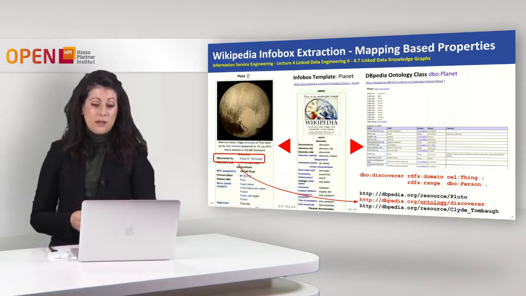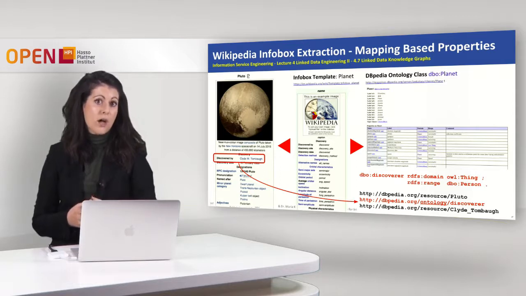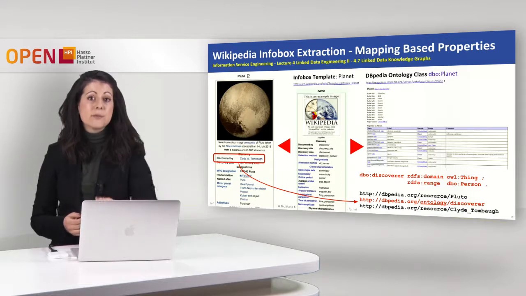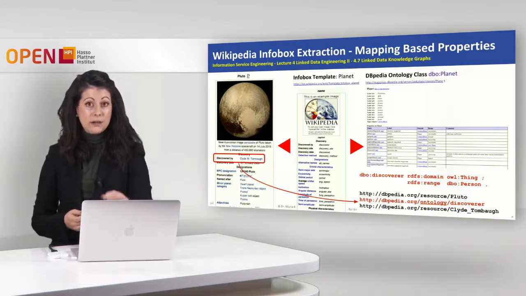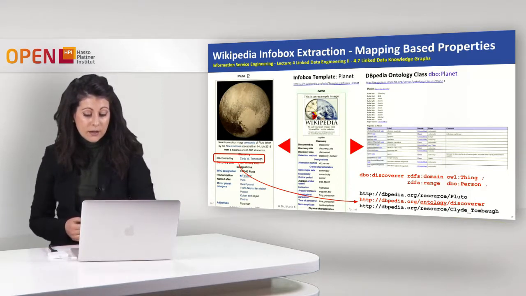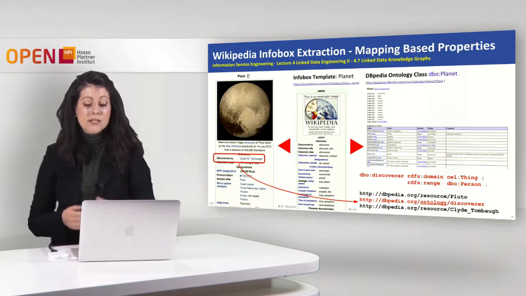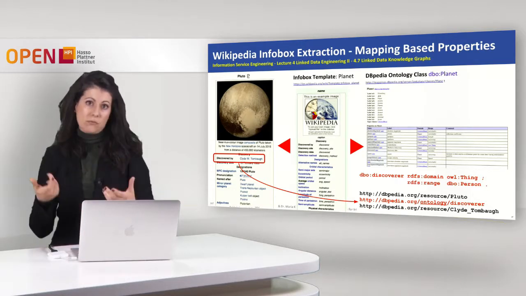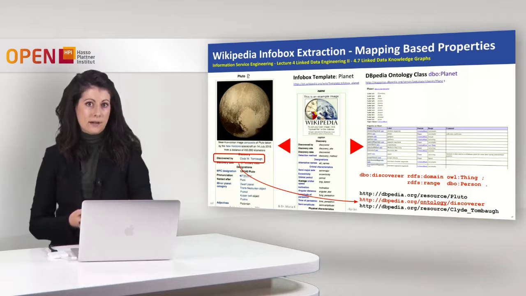That's why this dataset is much more compact. Here we have some hundreds of properties in comparison to the previous one, and the namespace here is different. The properties in the mapping-based properties dataset follow the URL dbpedia.org/ontology/ followed by the name of the property, discoverer in this case.